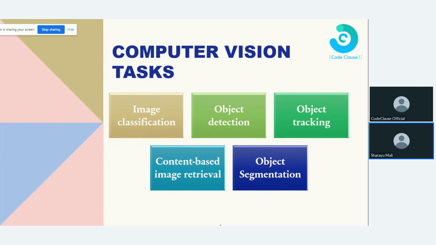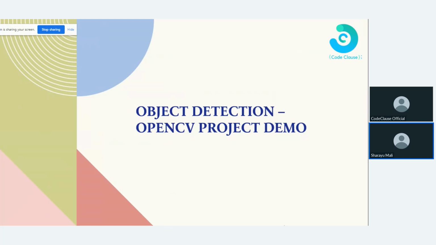Also, computer vision can be used for content-based image retrieval, where images are converted to what is being displayed in them, and based on that, other processing is done. Then next is object segmentation, wherein the pixels that are present in the image are classified whether they belong to the object or not.